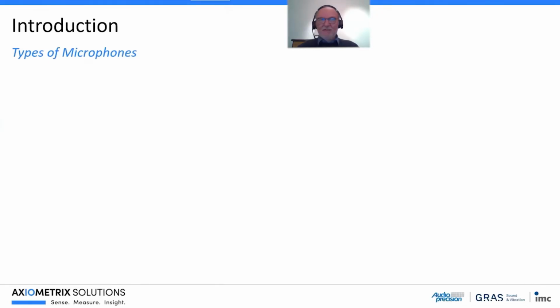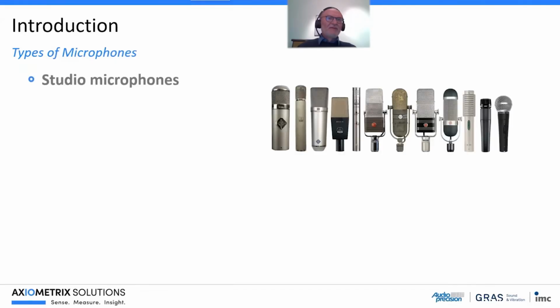Types of microphones. We actually have three types of microphones. We will start with studio microphones. Studio microphones are designed to have a subjective impression. The sound should be nice for a studio microphone.